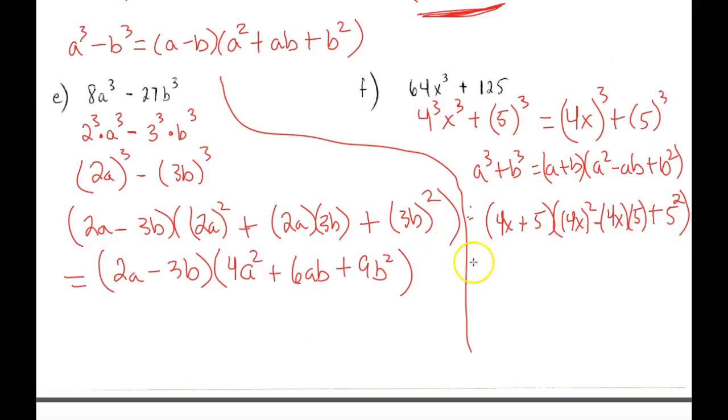Okay, and if we kept on writing everything, 4x quantity squared is 16x squared minus 4x times 5 is 20x, and then 5 squared is just 25. And that would be what our final answer is.